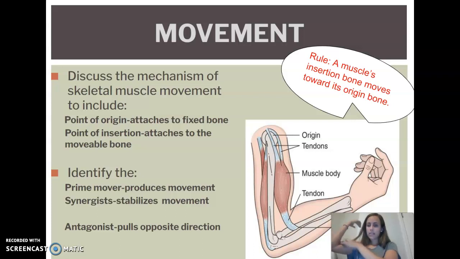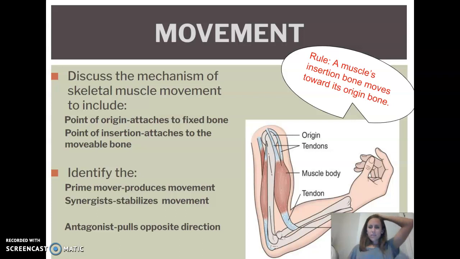Therefore, it bends our elbow. Okay, so that's what that means. When a muscle tendon unit contracts, the insertion point pulls to the origin point. Luckily for this class, we do not need to know every muscle's insertion and origin point because that gets a little crazy.